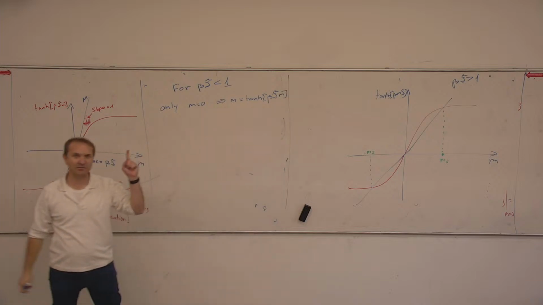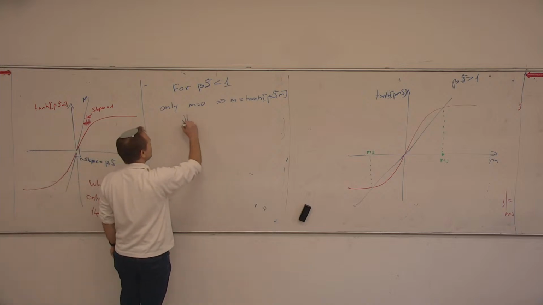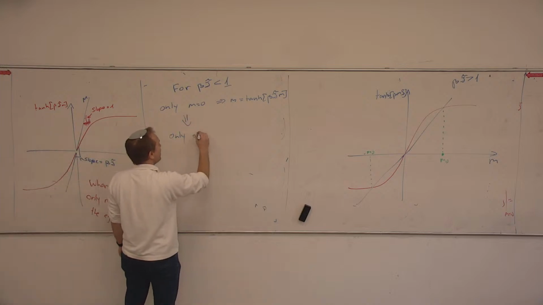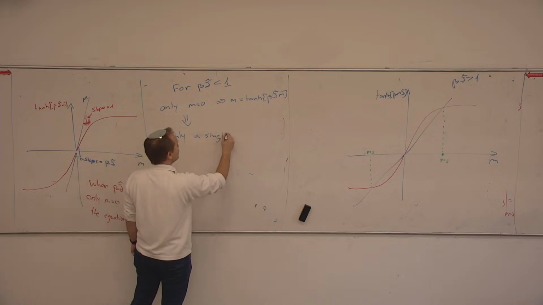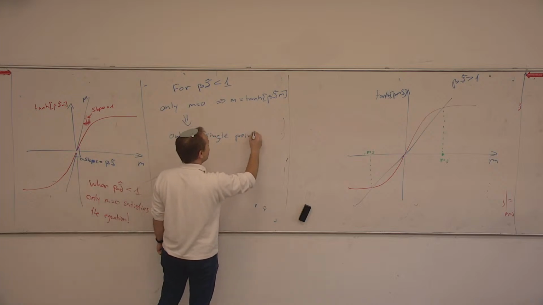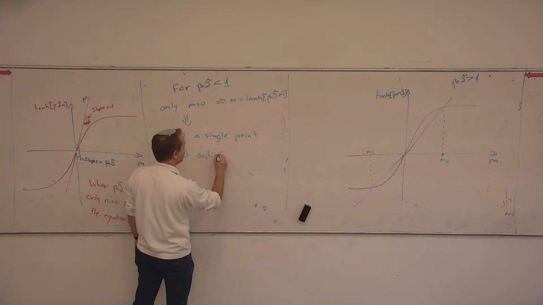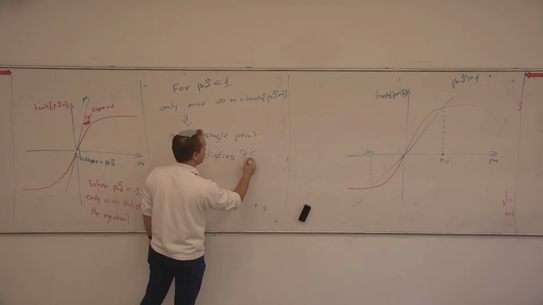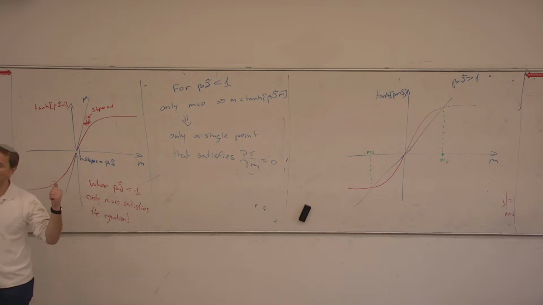What it means if I have one point, where this equation came from. So it means only a single solution, a single point that satisfies df dm equals 0. So it has to be a minimum, right?